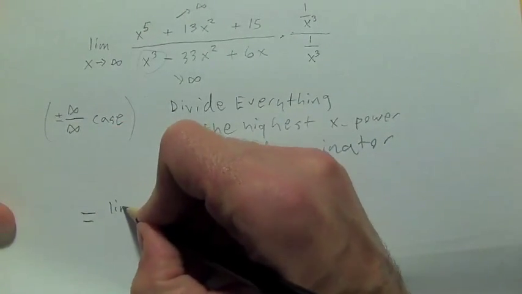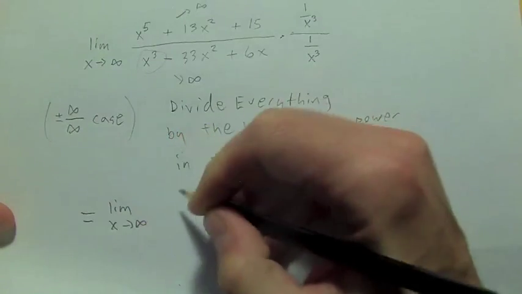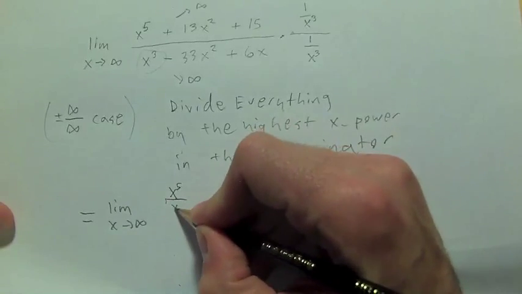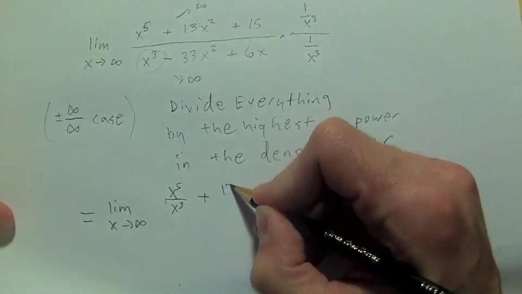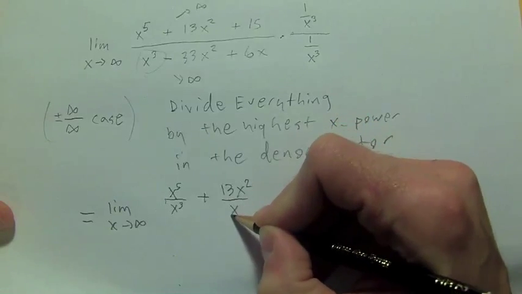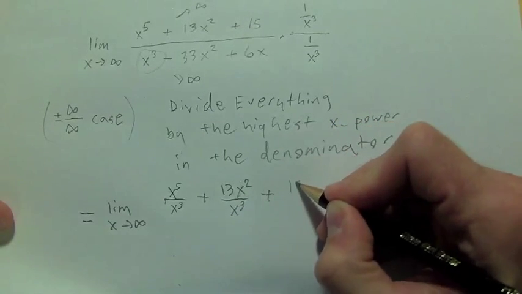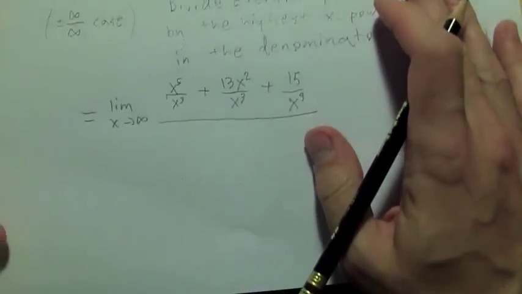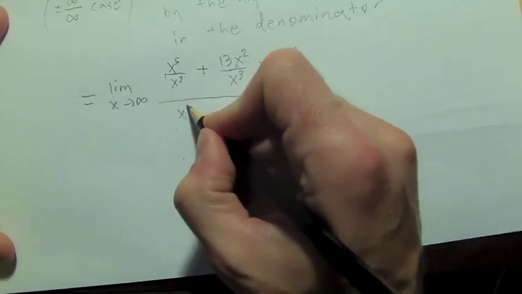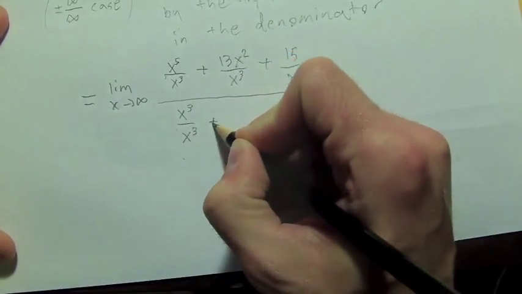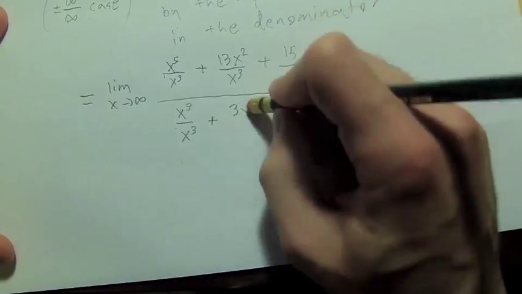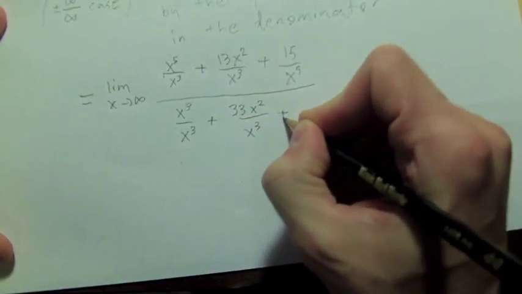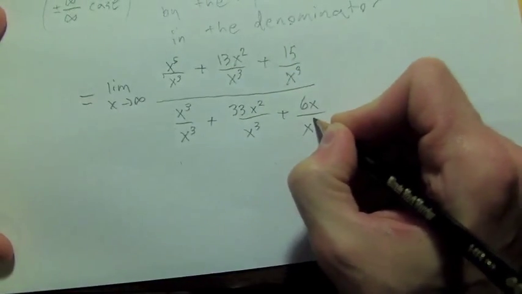Or I just jump straight to this and just say, all right, this is going to be the limit as x goes to infinity of x to the fifth over x cubed plus 13x squared over x cubed plus 15 over x cubed all over, let me move this up, x cubed over x cubed plus 33x squared over x cubed plus 6x over x cubed.